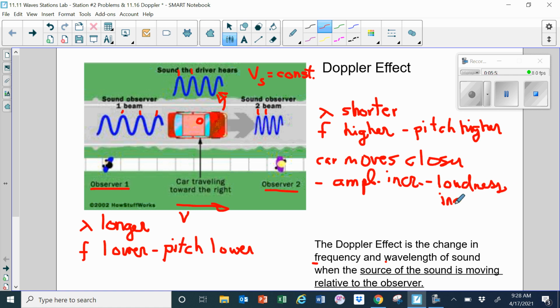And in the opposite way, as the car moves away from observer one, the amplitude is going to decrease. And the loudness of the siren is going to also decrease.